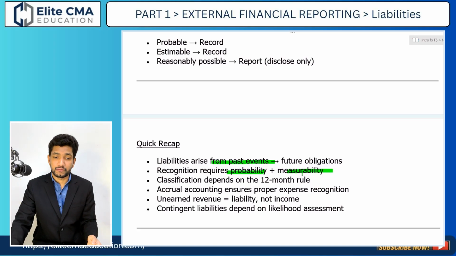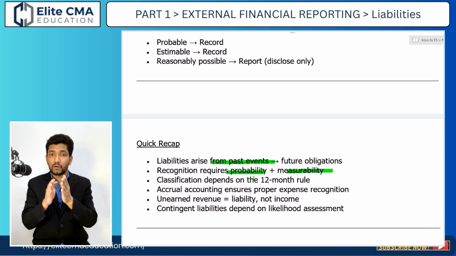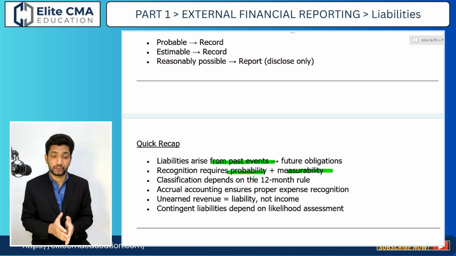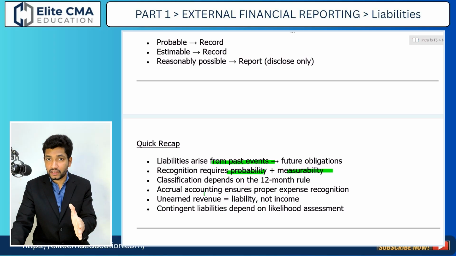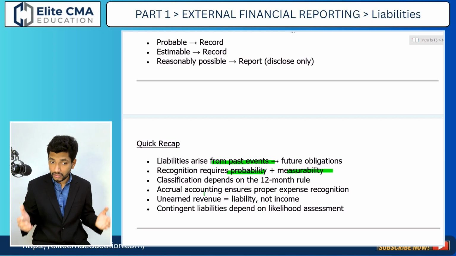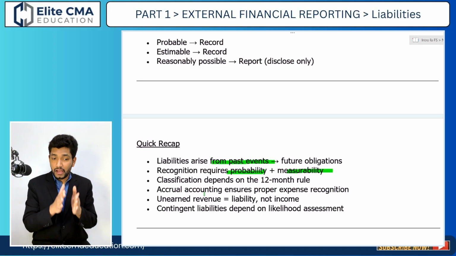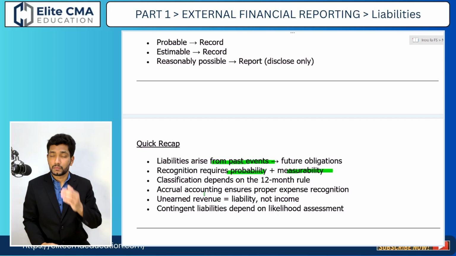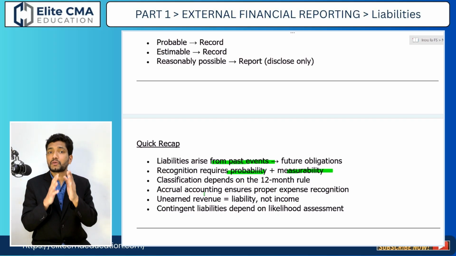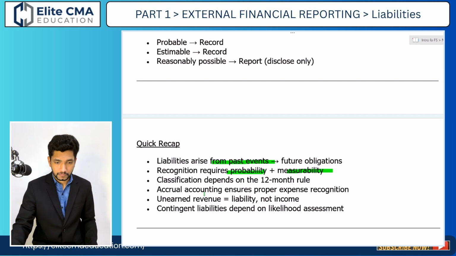Then the classification of liabilities into current and long-term is based on the time frame. And accrual accounting ensures proper expense recognition plus the proper recognition of liabilities also.